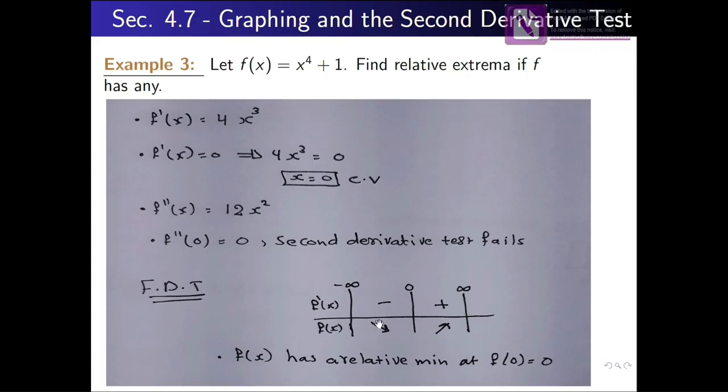So your function is decreasing, then increasing, that means your function has a relative minimum at the point 0. So f of 0 will give us 1. So f of 0 here should be 1, not 0, sorry. So f has a relative minimum at f of 0, which is equal to 1, because if you replace x here by 0, you will get 1.